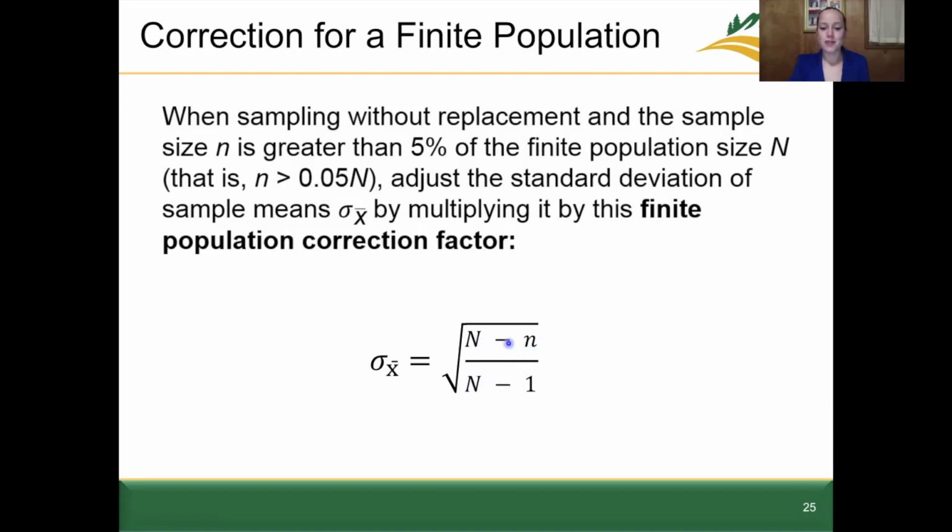So keep in mind order of operations here. We do the numerator first, then the denominator. We divide the numerator by the denominator, then take the square root of all of that to get our actual standard deviation value for these sample means. Again, that's when lowercase n is greater than 5% of the number of samples in our whole population.